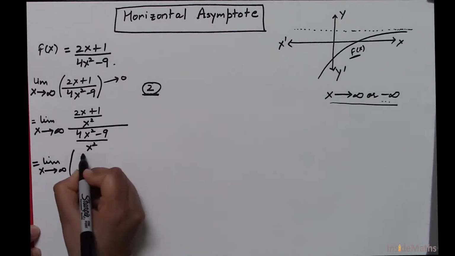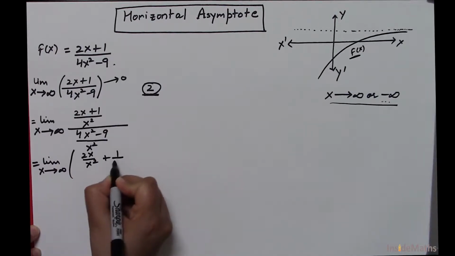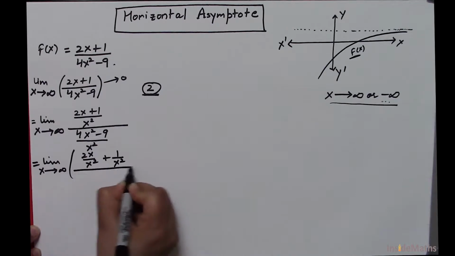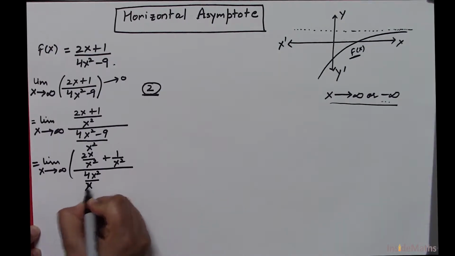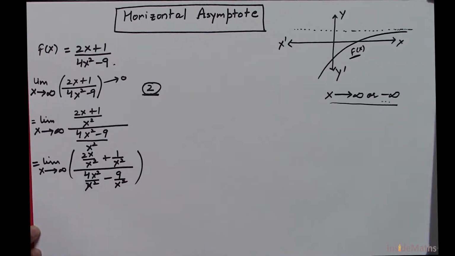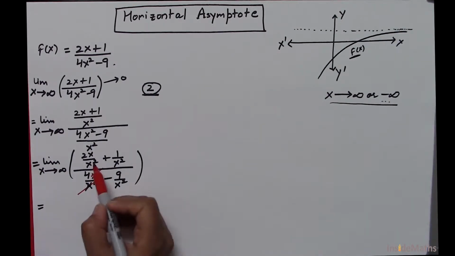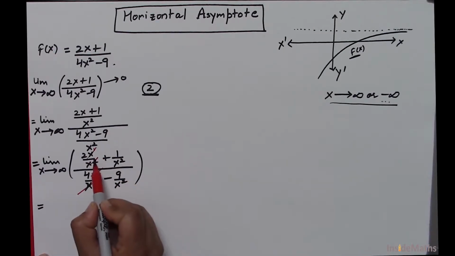So I can write it as 2x over x square plus 1 over x square, and in denominator 4x square over x square minus 9 over x square. So I can cancel out the like terms. This gets cancelled, and here x raised to power 1 is cancelled by 1x.